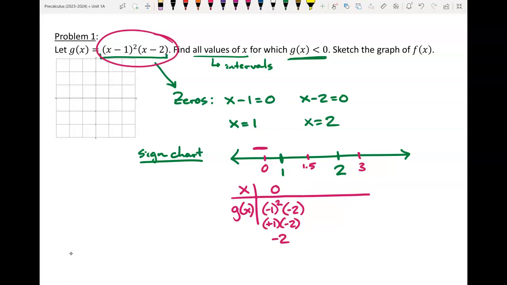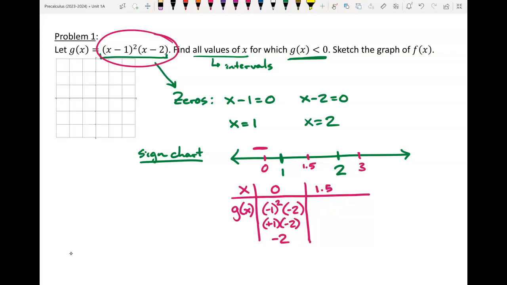All right, so we're going to go ahead and pick, let's see if I can get that, there we go. That looks a little bit better to me. So now we're going to go ahead and plug in 1.5. So I have 1.5 minus 1. That should give me 0.5 squared. And then I have 1.5.